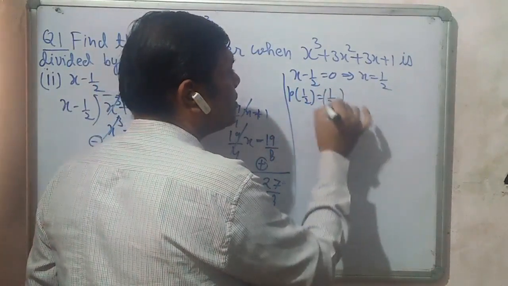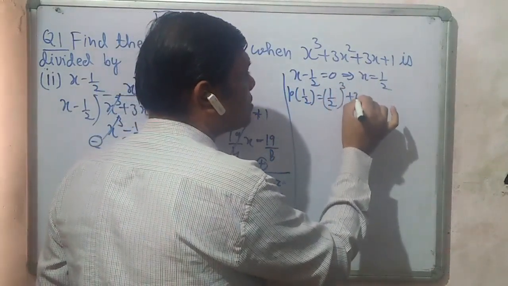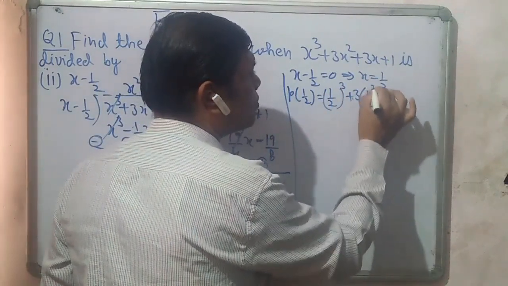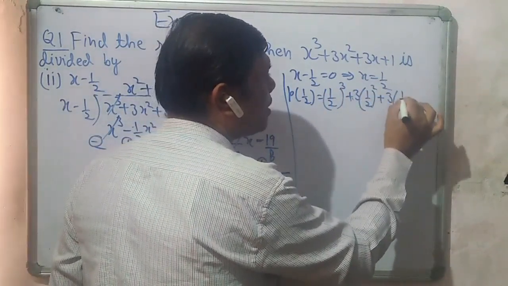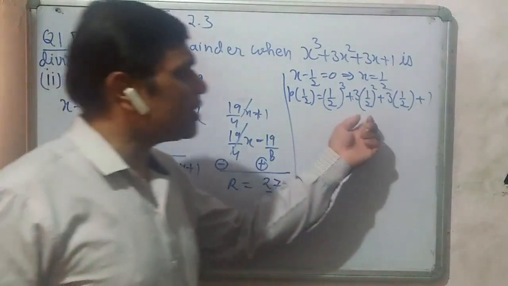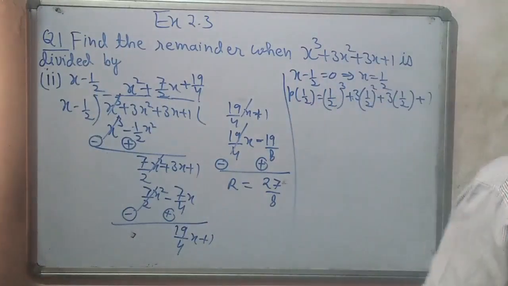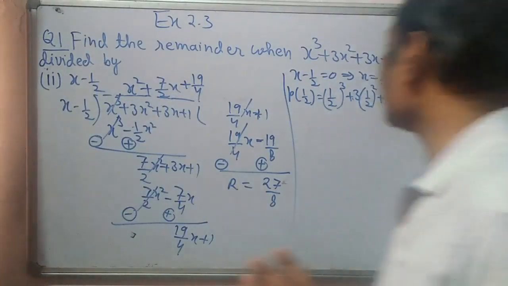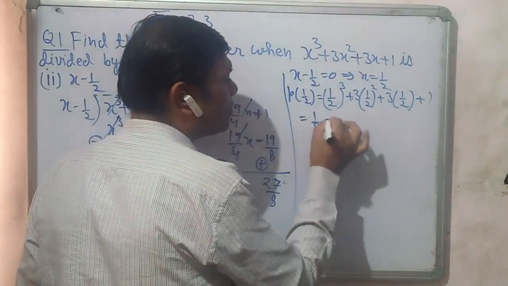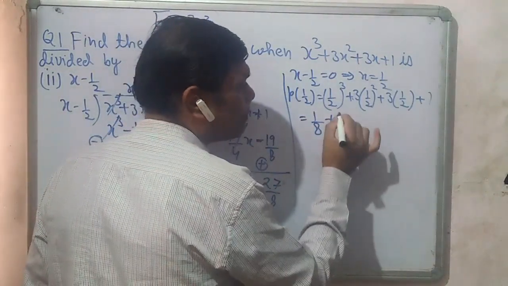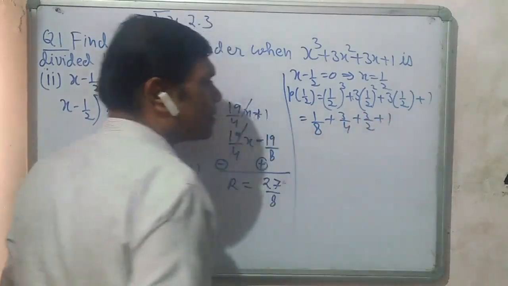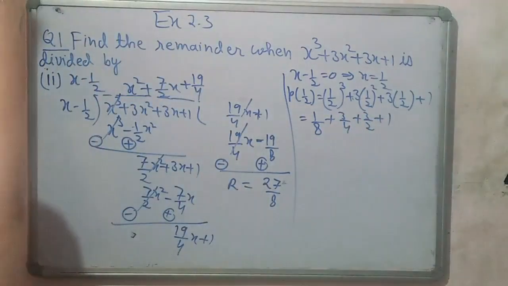That is (1 by 2) cube plus 3 multiplied by (1 upon 2) square plus 3 into 1 upon 2 plus 1. The polynomial is x cube plus 3x square plus 3x plus 1. Let us solve this out. What we get is 1 upon 8, 3 upon 4, 3 upon 2 plus 1. What will be their LCM?